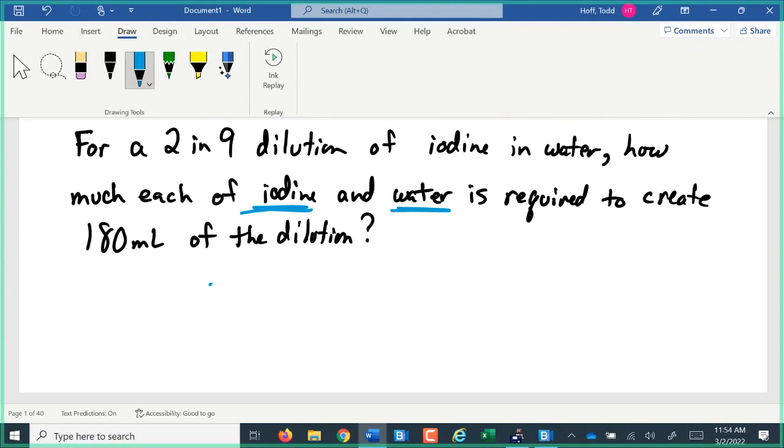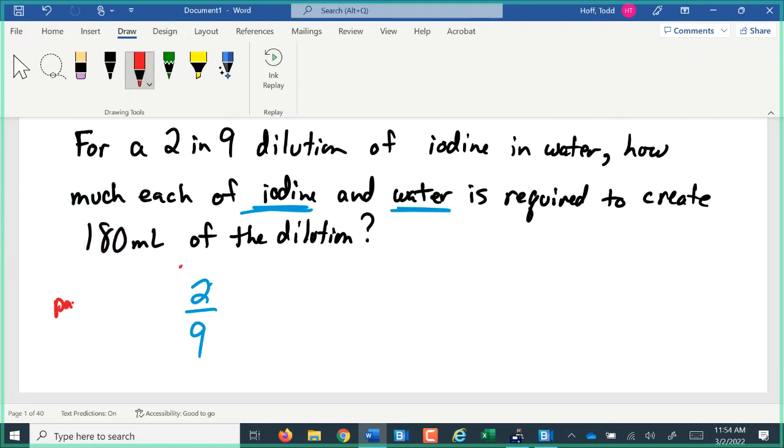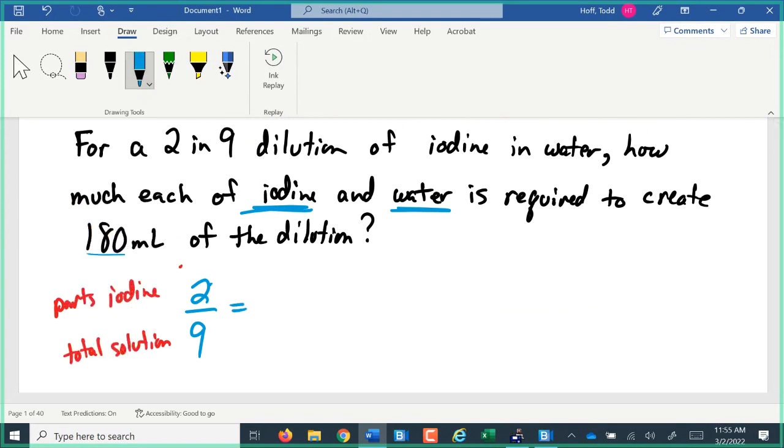So let's start out with our original dilution ratio, the 2 and 9. And we'll label those. The 2 is the parts of iodine. The 9 is the parts of total solution. But we do have the 180 milliliters of dilution.